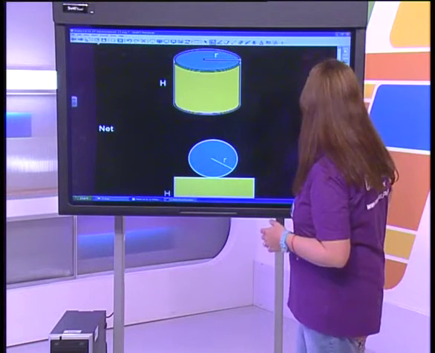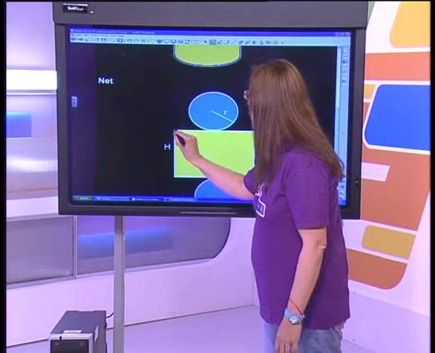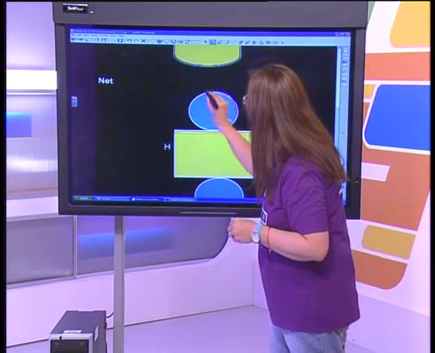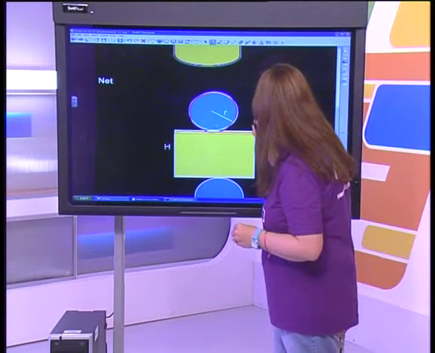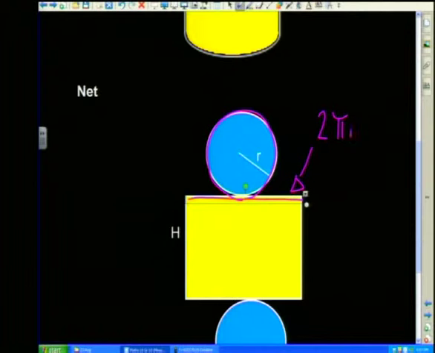What's important to note with this rectangle is that that's my height, but I'm looking for what is that measurement. Now that measurement actually goes around my circle. So it is my perimeter of my circle. So that purple there is actually 2 pi r. That's because that's the formula for the perimeter.